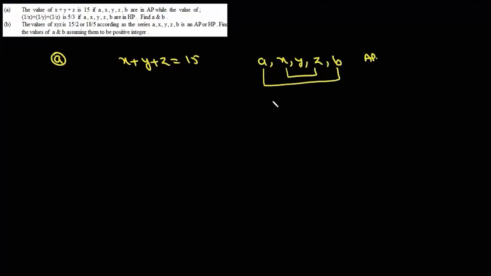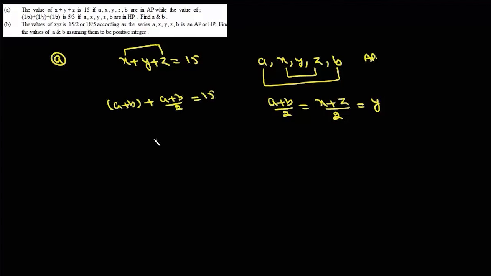That means A plus B by 2 is equal to x plus z upon 2, and it is equal to y. So x plus z will be equal to A plus B, and this y is A plus B by 2, and this is equal to 15. So from here we can write value of A plus B is 10, and that's our first equation.